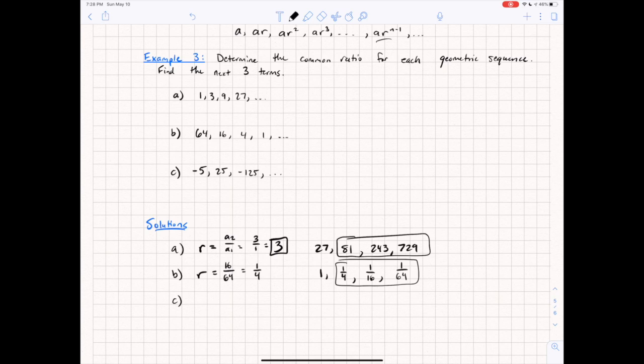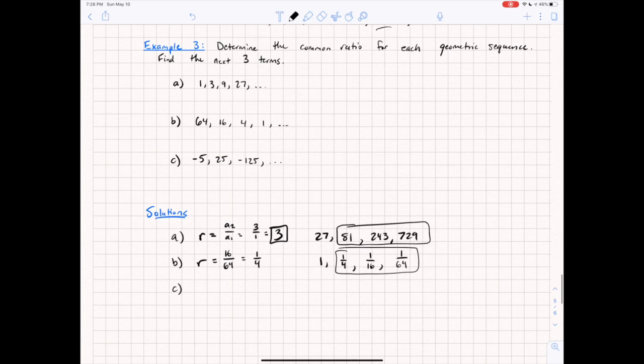All right, what about C? If I want to do C, I have -5, 25, -125. Notice how I have negatives involved. Well, because I'm multiplying, that just means my ratio must be negative. That can be found by, again, doing A2 divided by A1. So 25 divided by -5. I get R is literally -5. So the ratio that I'm multiplying each time is negative.